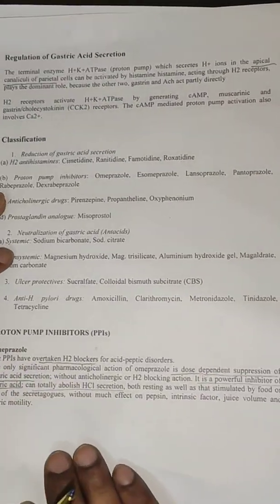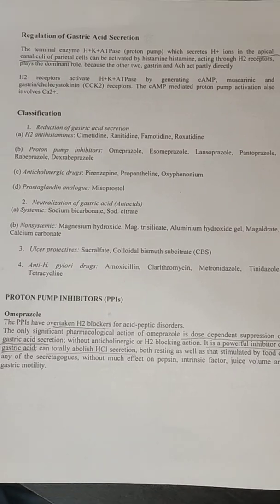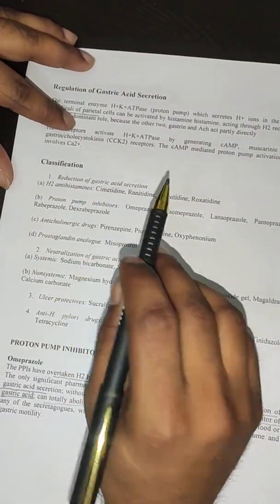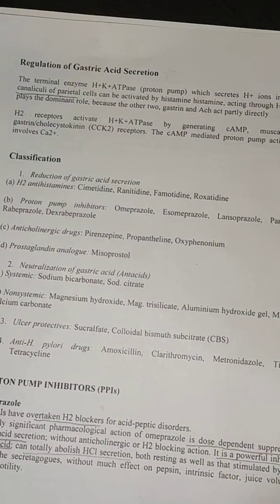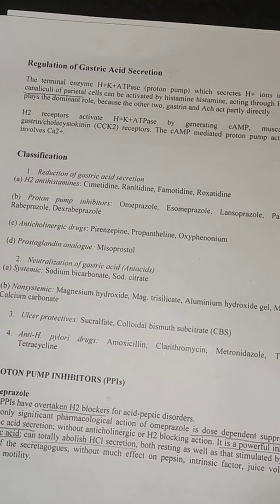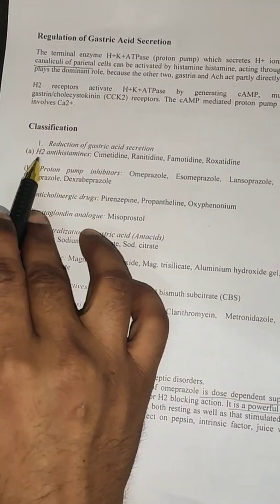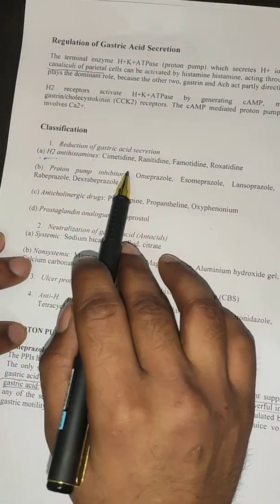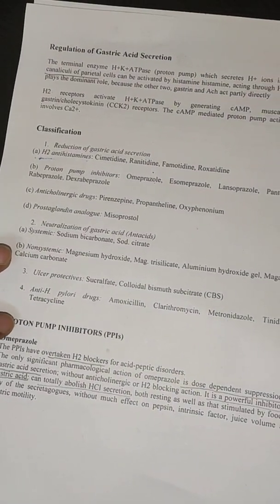So here is the classification of drugs. These are for reduction of gastric acid secretion. How can we reduce gastric acid? First of all, we can block the H2 receptor: H2 antihistamines, cimetidine, ranitidine, famotidine, roxatidine.